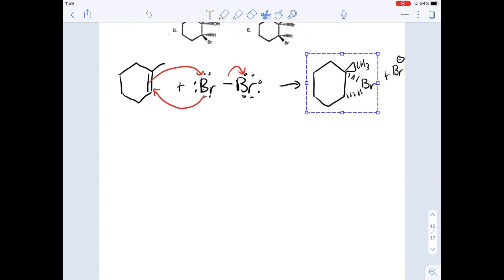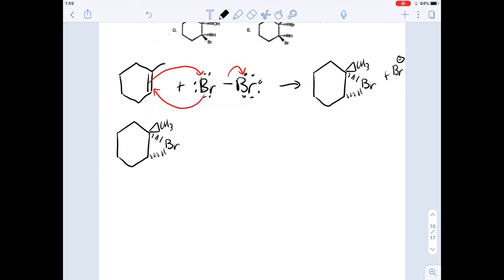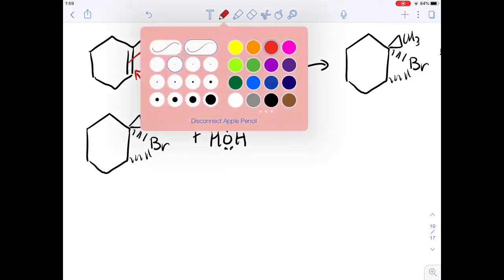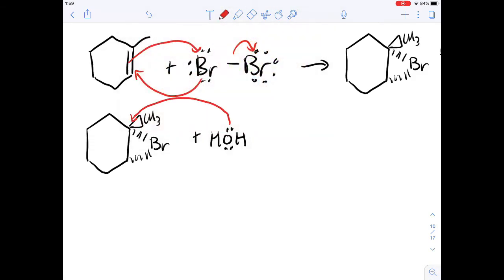Okay, so for the next step, it's going to be water coming in and attacking the more substituted side, like so. And when water attacks the more substituted side, it's going to change whatever stereochem CH3 had. It's going to flip it to the other one when it pushes the Br over.